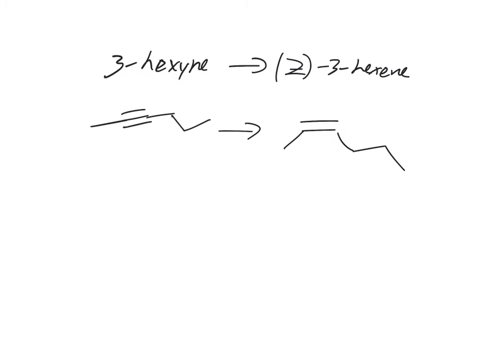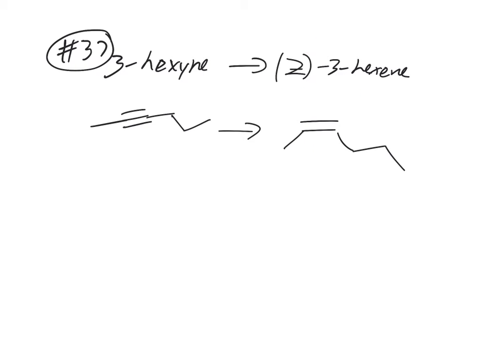So this is number 37. This question asks, which of these methods would be best for converting 3-hexyne to Z-3-hexene? So first thing they're asking you, do you know something about nomenclature? They want to know, do you know what hexyne is versus hexene? Hexyne is an alkyne, and hexene is an alkene.